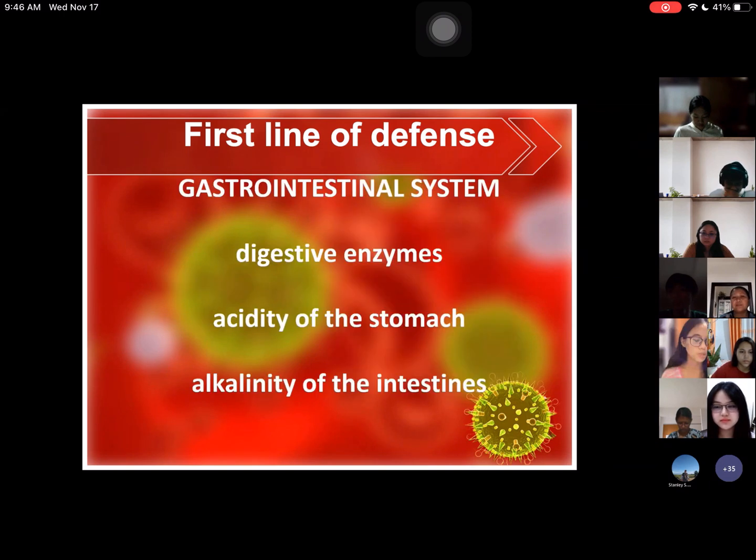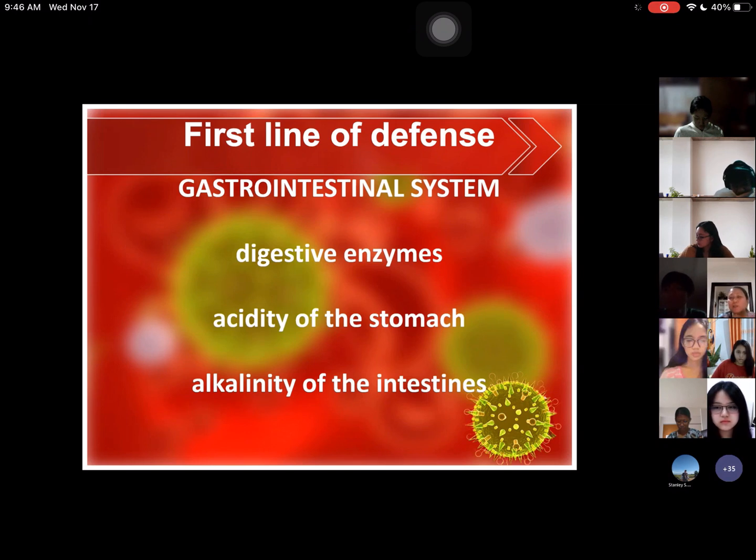Next, in the gastrointestinal system, we actually have these digestive enzymes. These digestive enzymes also help in destroying the invaders or the pathogens, plus the acidity of the stomach, and of course the alkalinity of the intestine.